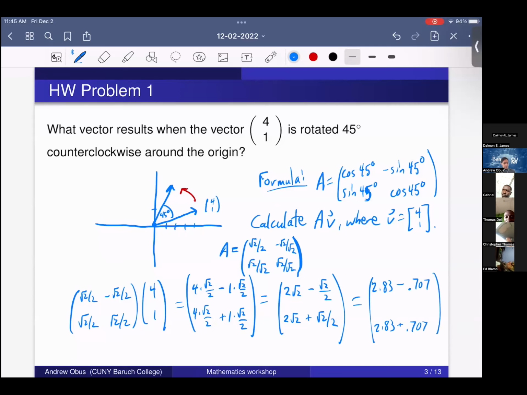So in the end, the top turns out to be about 2.12, and the bottom turns out to be 3.54.